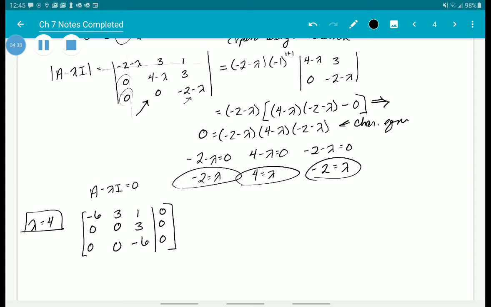Plug everything in your calculator. If you want to do this by hand, you could. This one wouldn't be so bad. So I got 1, negative 1/2, 0, 0. 0, 0, 1, 0, and then zeros down the bottom.